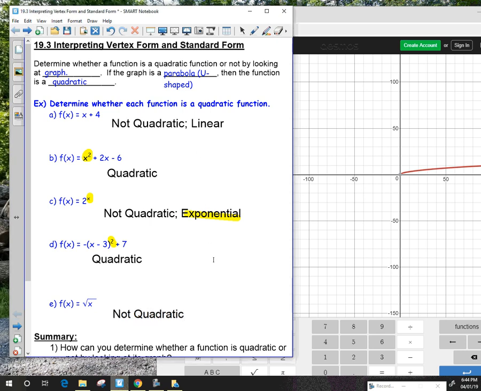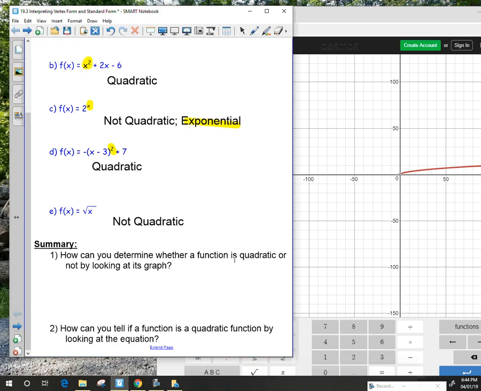As a summary, some questions to think about and reflect on: how can you determine whether a function is quadratic or not by looking at its graph? Think about that to yourself. See if you can answer that, like I was asking the question in class and waiting for a response.